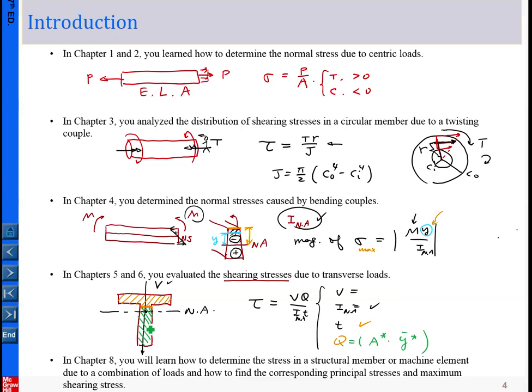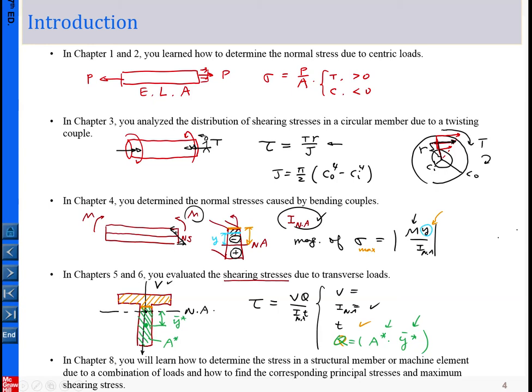For example, in terms of the green option, this is the centroid of the green shaded area, and this distance we call y bar star. Okay, so that's going to come to here, and the green shaded area has area A star that comes to here. So from here we determine the Q.